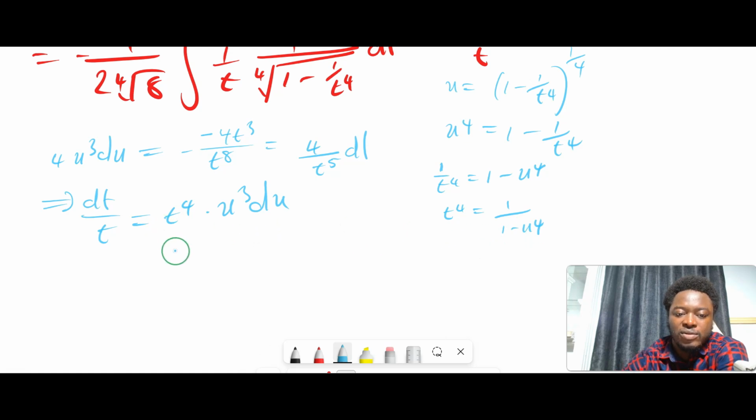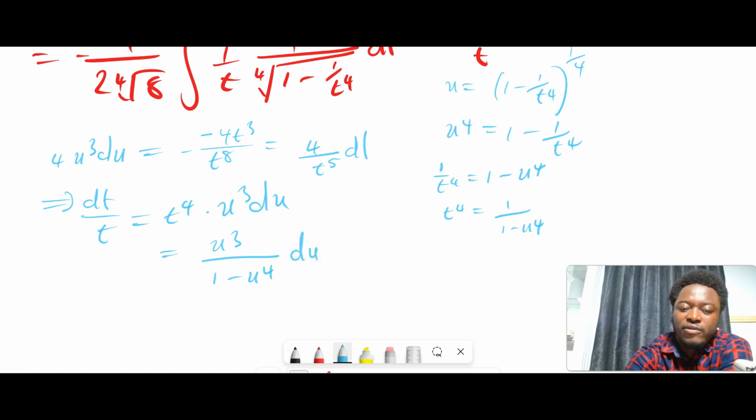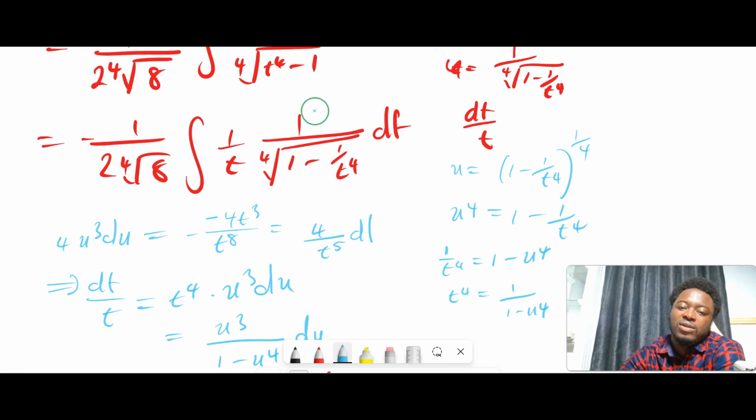So basically you would have u cubed divided by (1 minus u to the fourth power) du. Which is good for us, because we are able to find dt over t in terms of du.